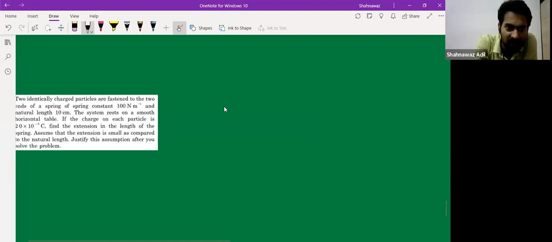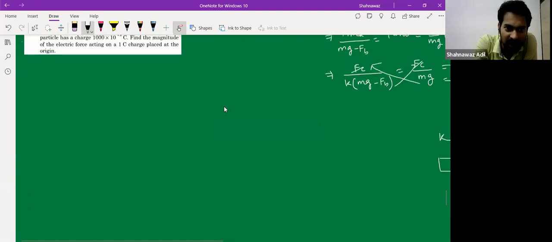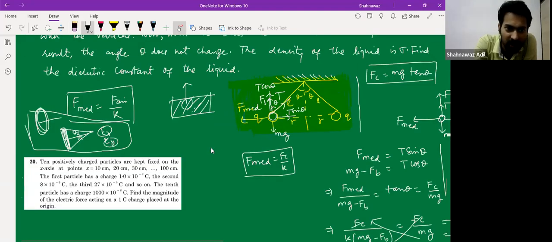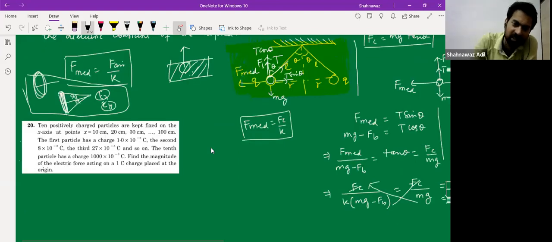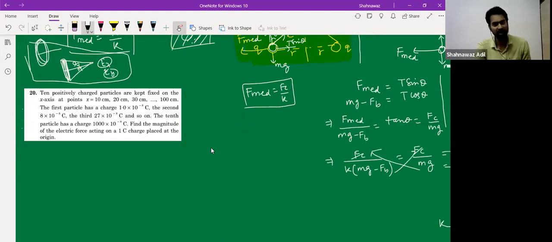Before I do this question, just take a screenshot of this question, and please send me this assignment. Okay. We have 10 positively charged particles kept fixed on the x-axis at x equals 10, 20, and so on.